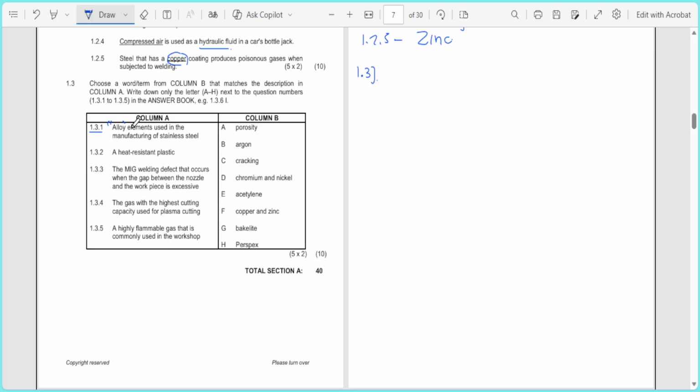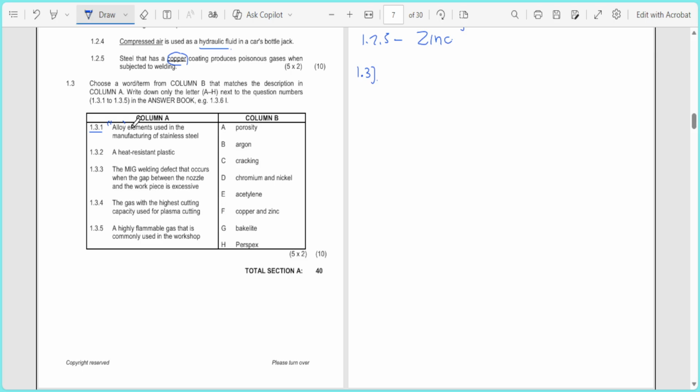All right, so for the 1.3.1, alloy elements used in the manufacturing of stainless steel. Stainless steel is a tough piece of metal, and it's also somewhat resistant to corrosion.